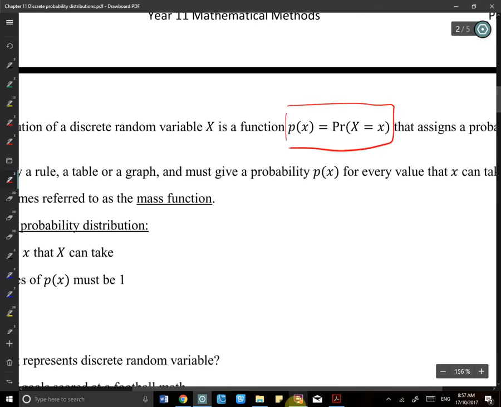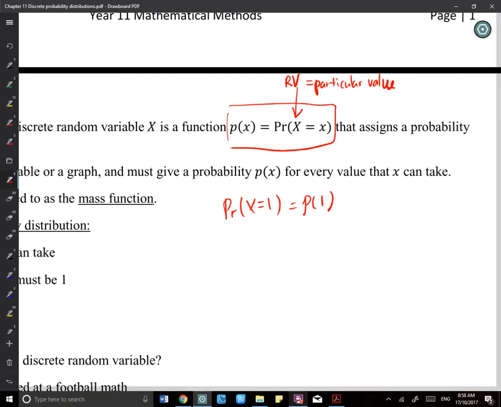Remember I said that's the random variable X equals a particular value. The notation will be lowercase p(x). That's just two different notations. So I can say the probability X equals 1 equals lowercase p(1). They are the same. They are talking about the same thing.